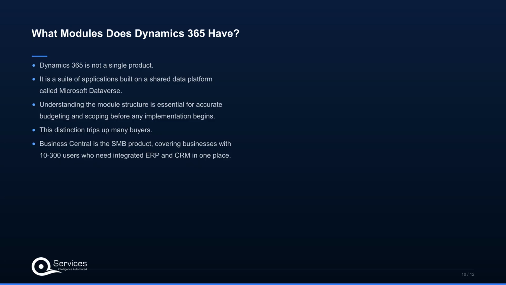Business Central is the SMB product, covering businesses with 10 to 300 users who need integrated ERP and CRM in one place. It runs in the cloud and starts around $70 per user per month for the Essentials license. D365 Finance and Operations targets enterprises with complex financial consolidation, multi-entity structures, and global operations.